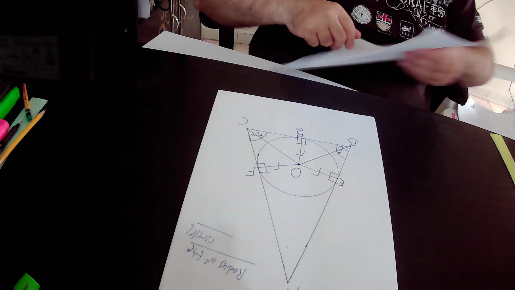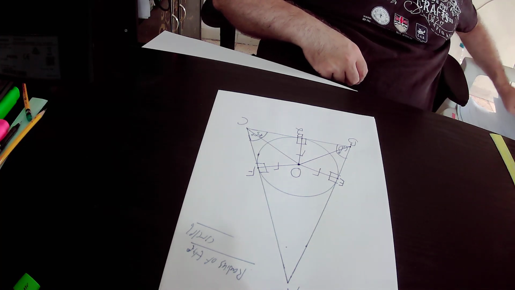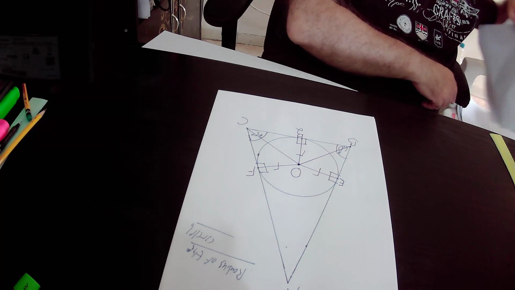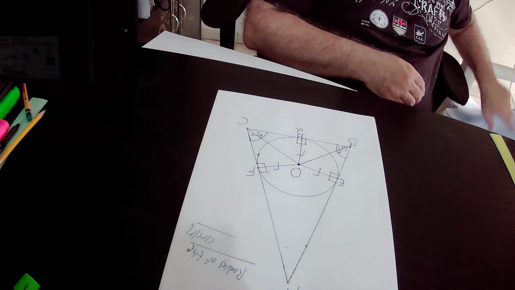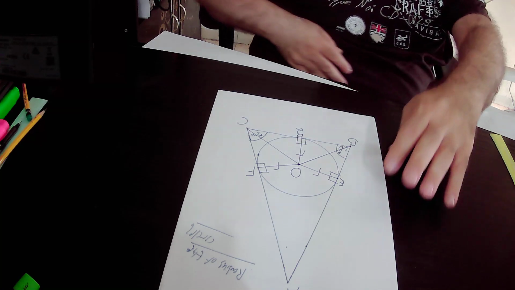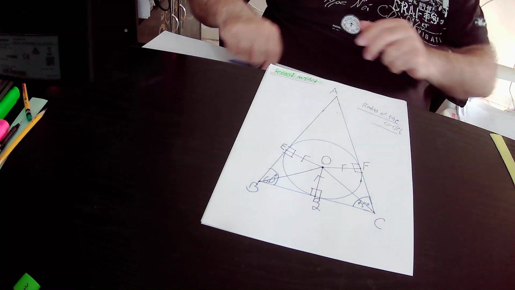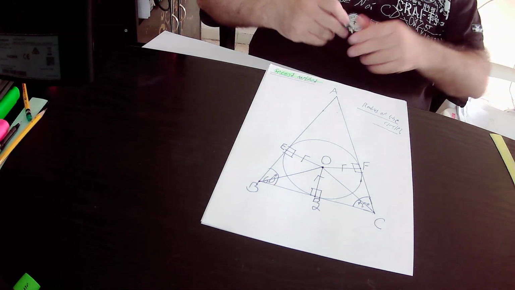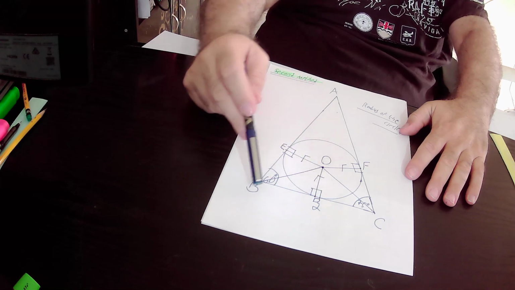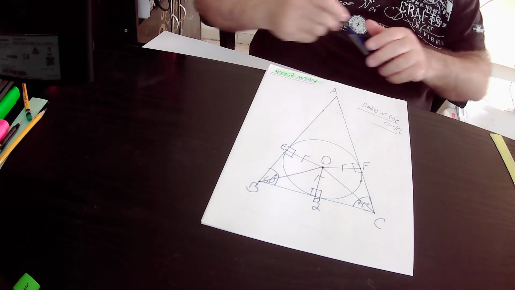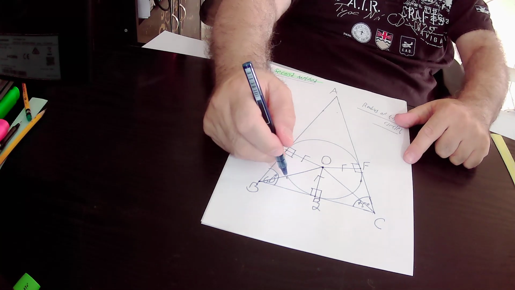Actually, we can implement rule number 2 in our drawing. We focus on the common external point, point B. From the common external point, point B, we have two tangents to this circle, tangent BD and tangent BE, and according to rule number 2, the lengths of those two tangents are equal to each other.